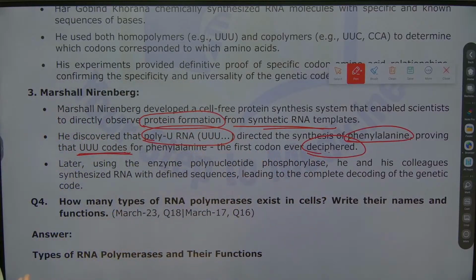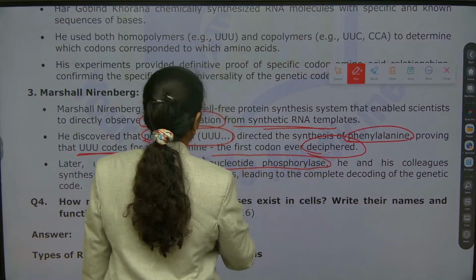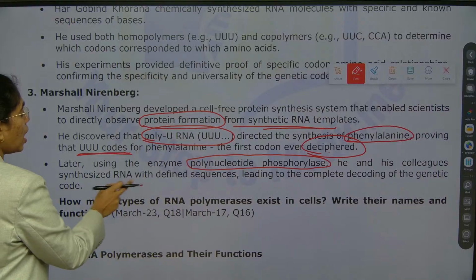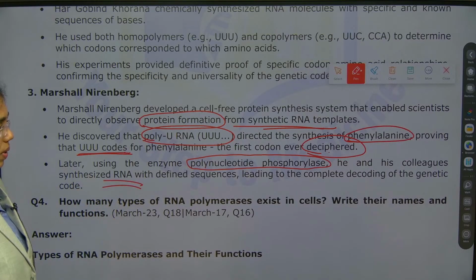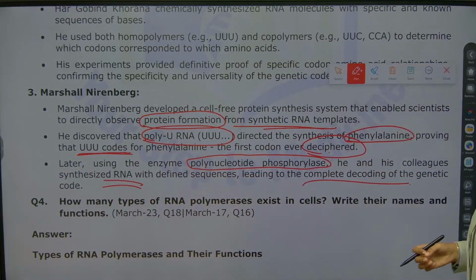Next, later using the enzyme polynucleotide phosphorylase, he and his colleagues synthesized RNA with defined sequences. This led to complete decoding of the genetic code.